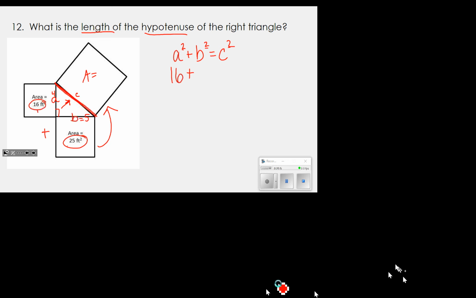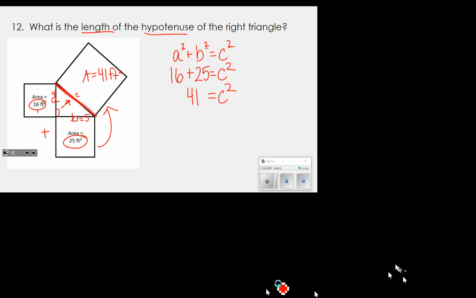So 16 plus 25 is C squared. And 16 plus 25 is 41 for C squared. So that is the area of the square off of side C. So this is 41 feet squared.